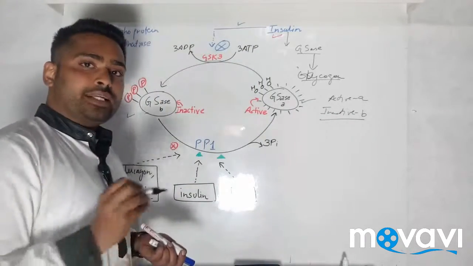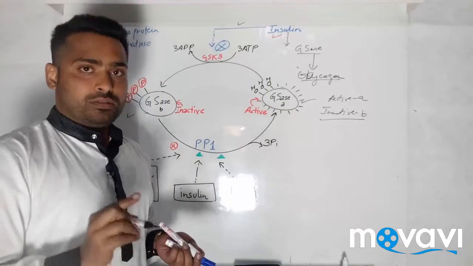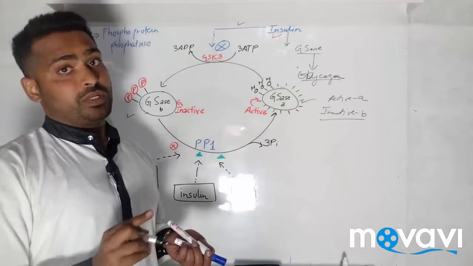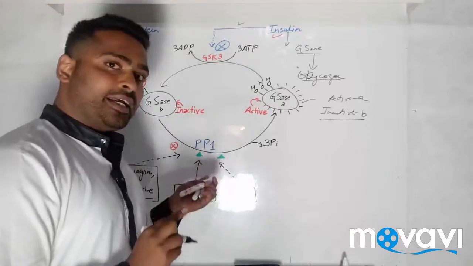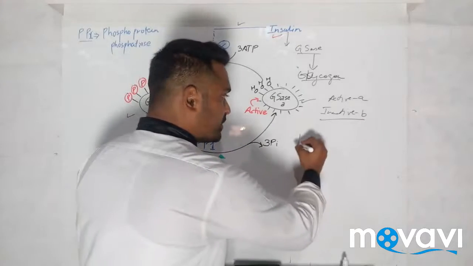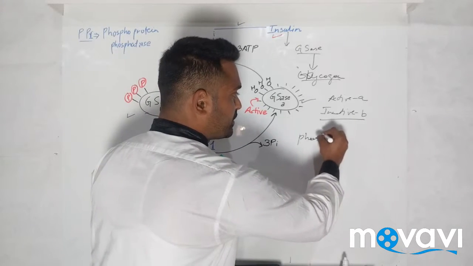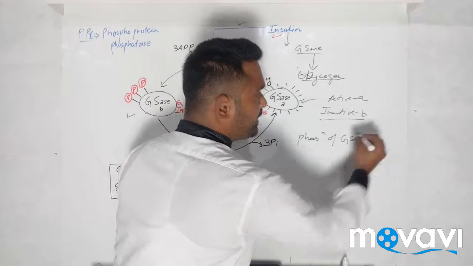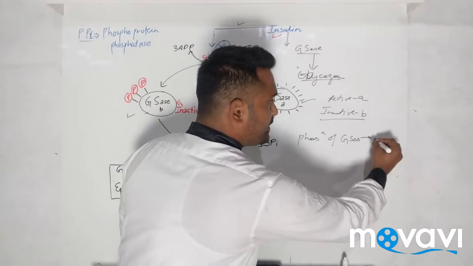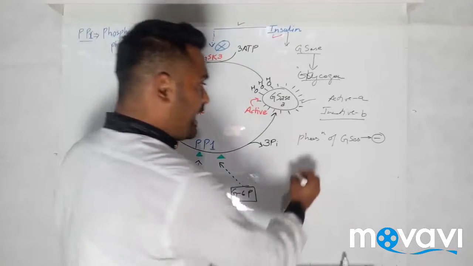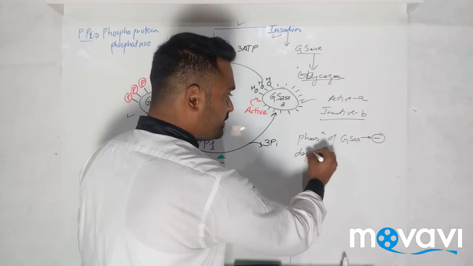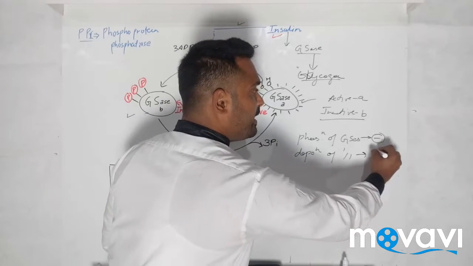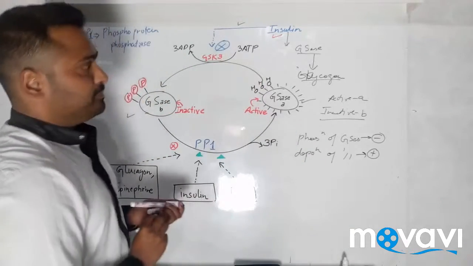In case of phosphorylase, the phosphorylation was bringing about the activation and dephosphorylation was bringing about deactivation. Here it's opposite. Phosphorylation of glycogen synthase is inactivating this enzyme, and dephosphorylation of GS A is activating the enzyme.